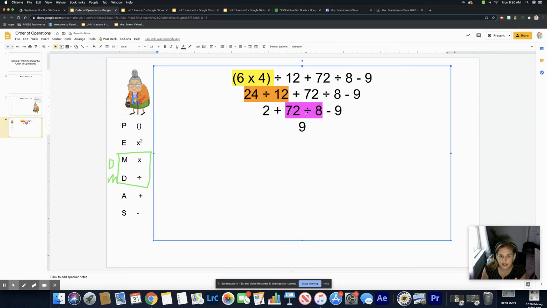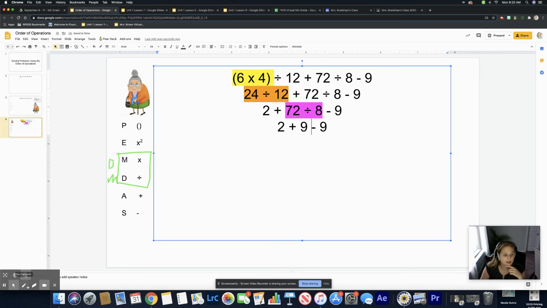But you'll notice this was in the middle of the problem. So I have to take what was at the front of the problem, copy and paste it or rewrite it, and take what was at the end of the problem and rewrite it. Oops, let me undo that. Try again. Copy, paste. There we go.